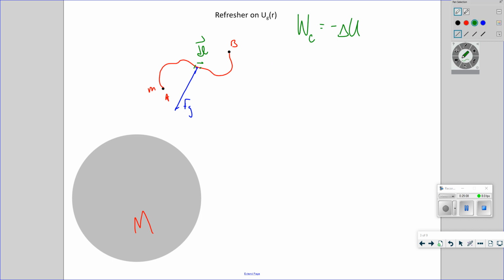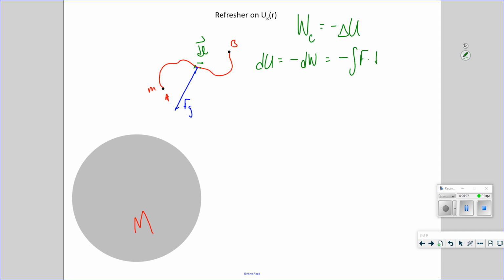So I'm going to say there's a little tiny change in potential energy, and that's equal to the negative of the little tiny bit amount of work done. The little tiny amount of work done is F dot dl. All right, so now I can say that, excuse me, that integral does not go there.